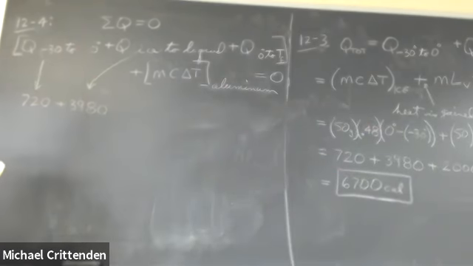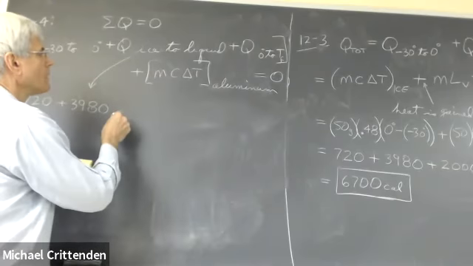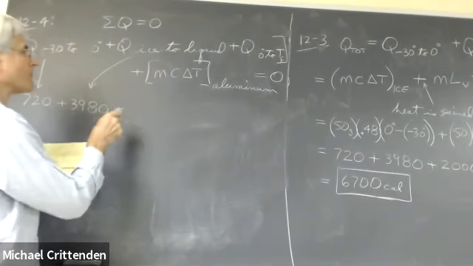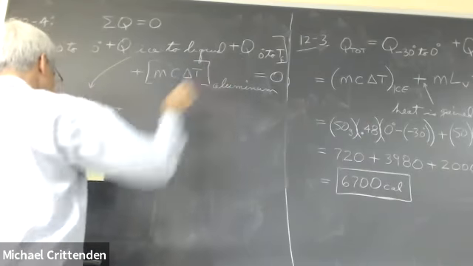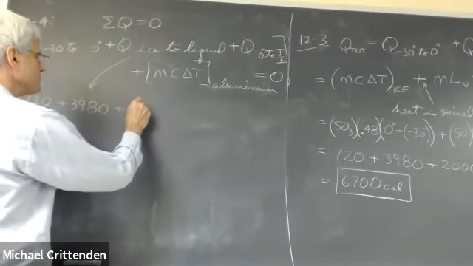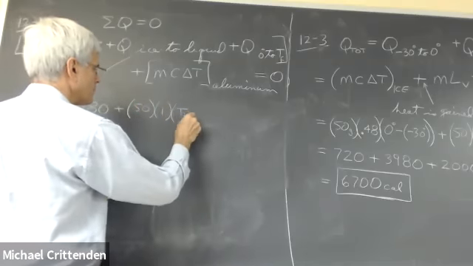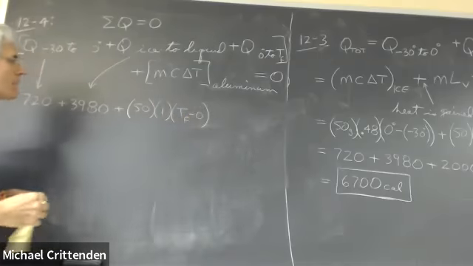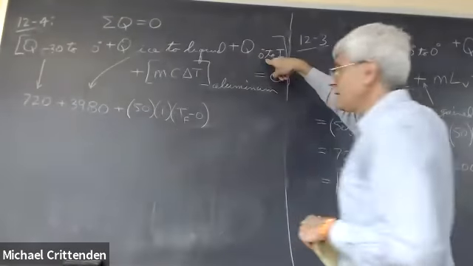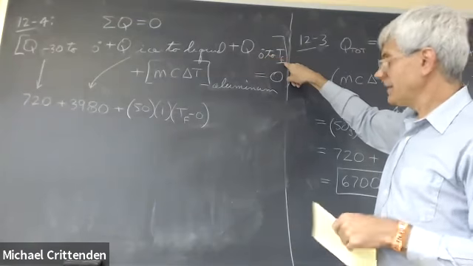Positive this time because heat is being added. And then we've got the MC delta T term to get from 0 degrees up to the final temperature. Okay. MC delta T for the melted ice to go from 0 to T final.